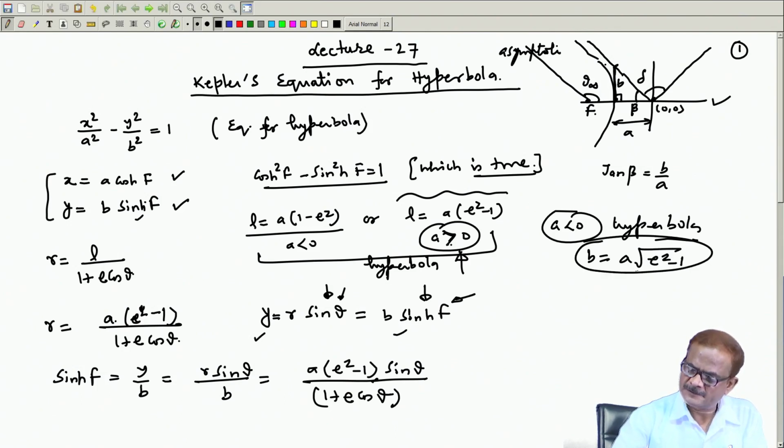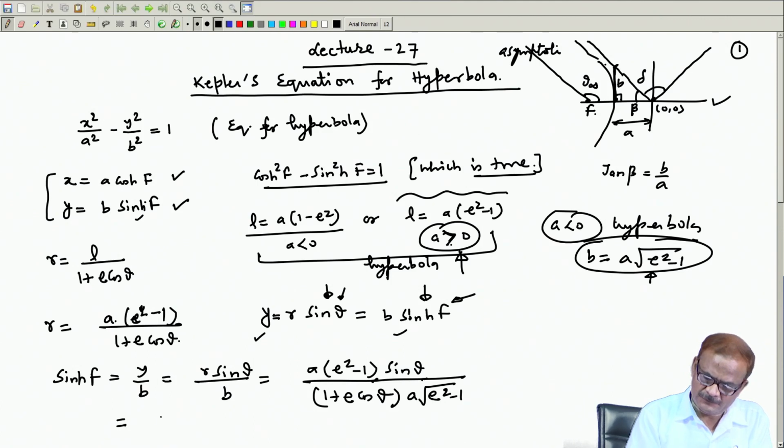This will necessarily be written in this way, e square minus 1, not 1 minus e square. So here we also write a times under root of e square minus 1. Then a cancels out, and we have under root of e square minus 1 times sin theta divided by 1 plus e cos theta. So this is the sinh f equation we have got.